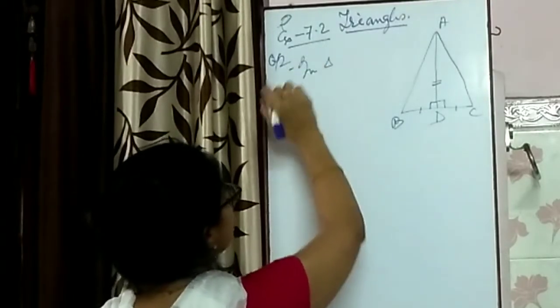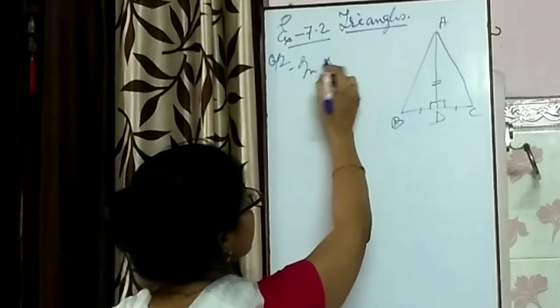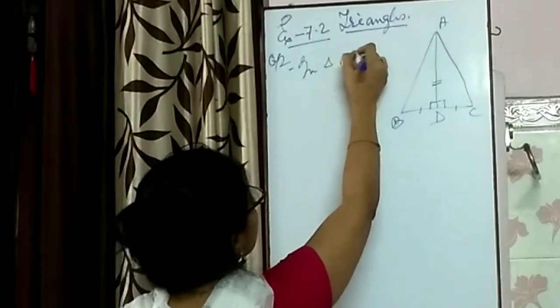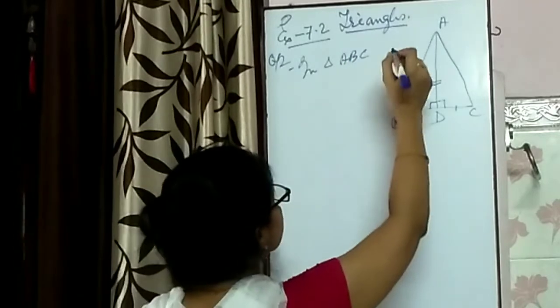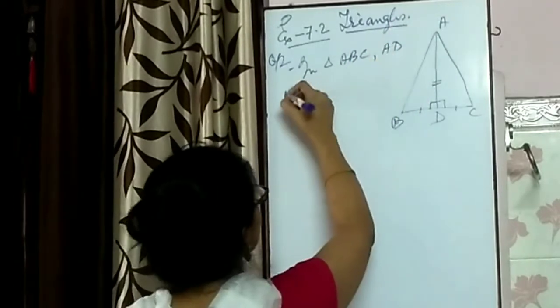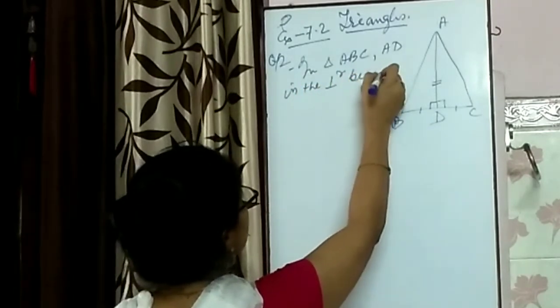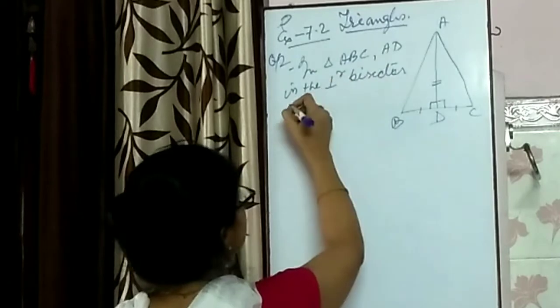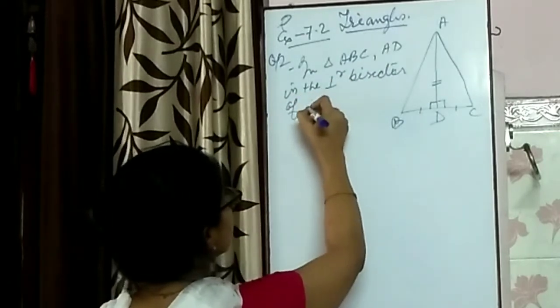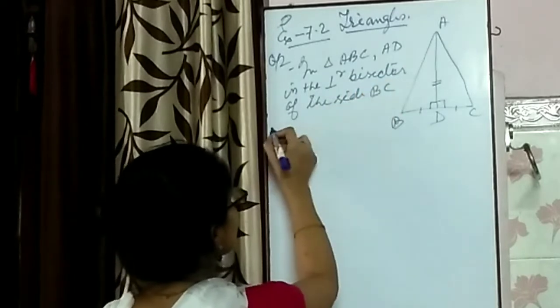To write the given part, it is very simple. You can follow the question only. The same thing has to be mentioned. In triangle ABC, AD is the perpendicular bisector of the side BC.